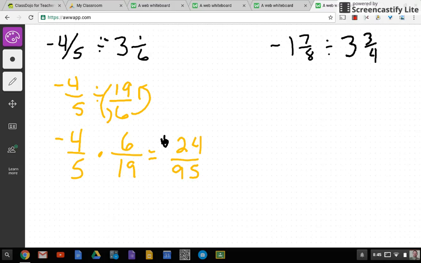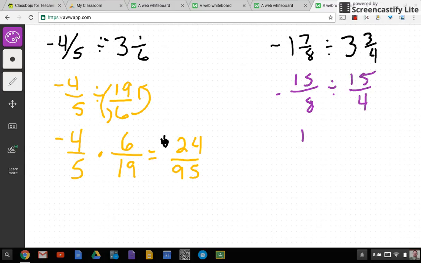Final one. I'm going to go ahead and convert into improper fractions. So 8 times 1 is 8, plus 7 is 15/8. That would be a negative 15/8. Divided by 12/15, I mean 4/15.